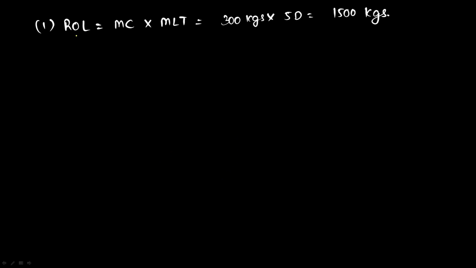Alright, so I have got reordering level. At what level I will reorder? Again that go down, right? It is at 1500 cages I will reorder.